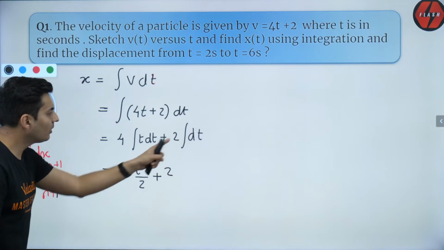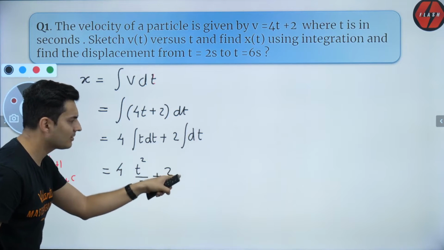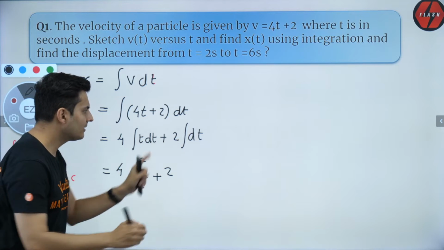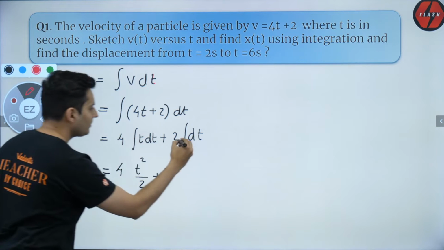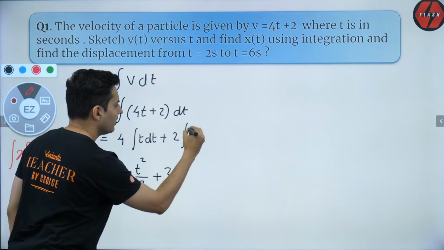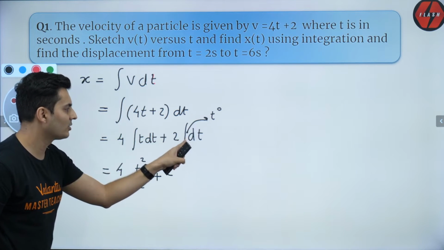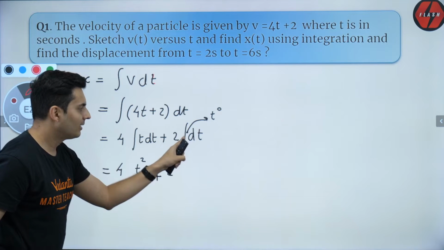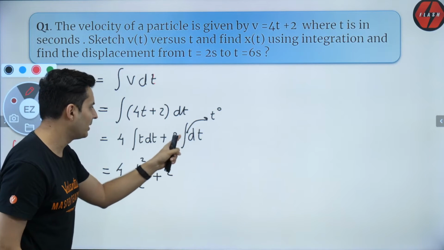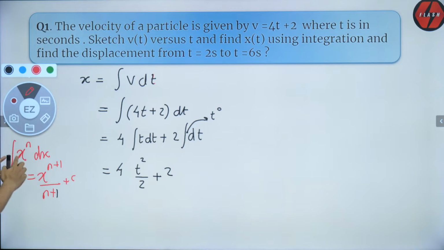You might be wondering, oh, there is nothing to integrate, so is the answer 0 or is it something else? Guys, you can always imagine as if over here you have t raised to 0, because 1 multiplied by anything is just the same number. If it was t raised to 0, what will happen if you use this formula?